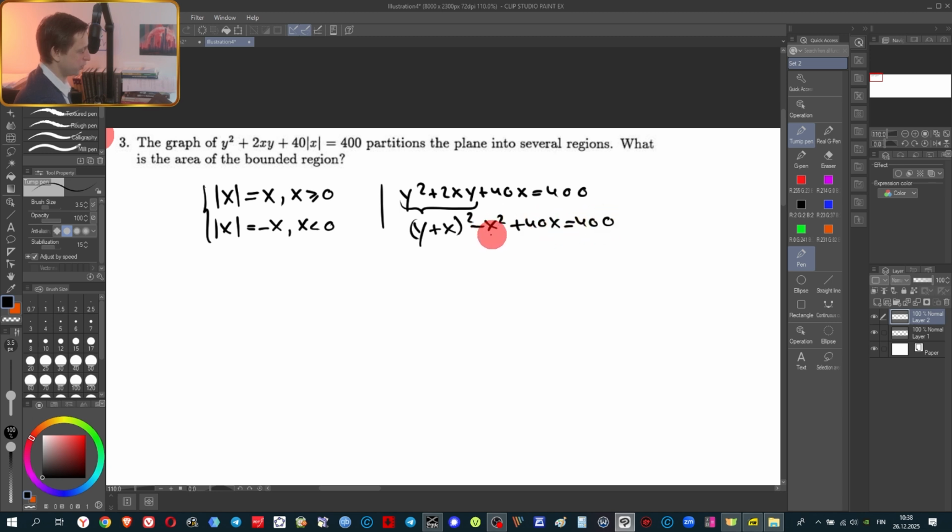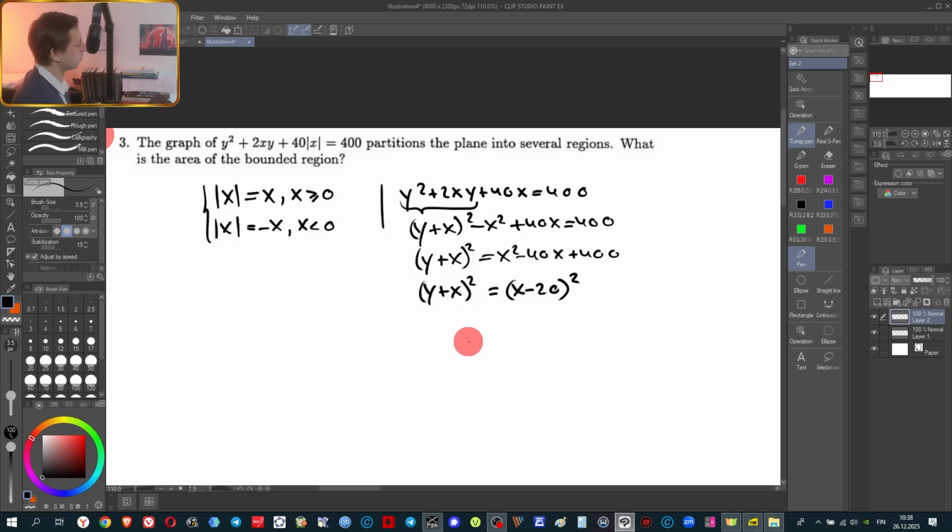Now take everything like this and bring it to the right side, and everything will look like (y plus x) squared equals x squared minus 40x plus 400. And here you recognize that you have a complete square on the right side, which is (x minus 20) squared, and it is equal to (y plus x) squared.